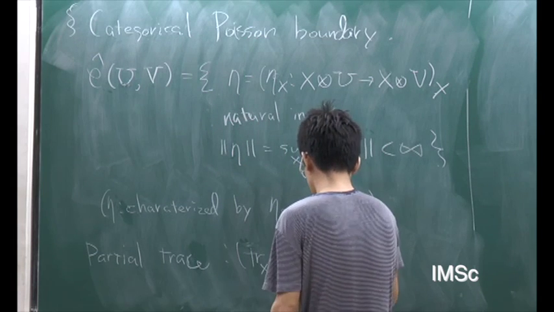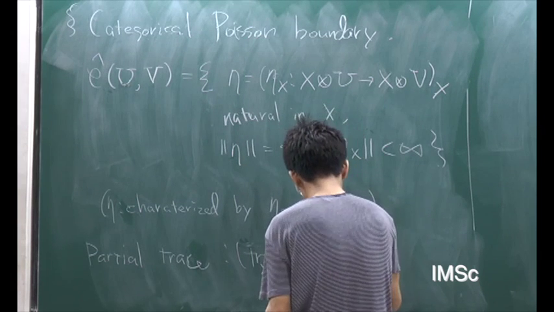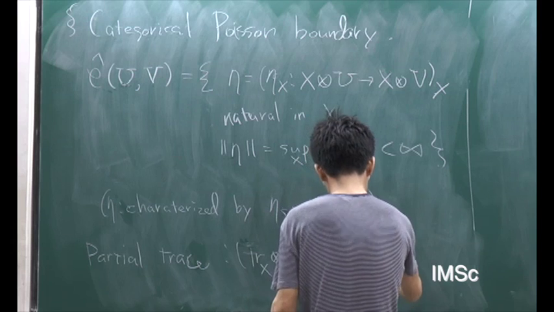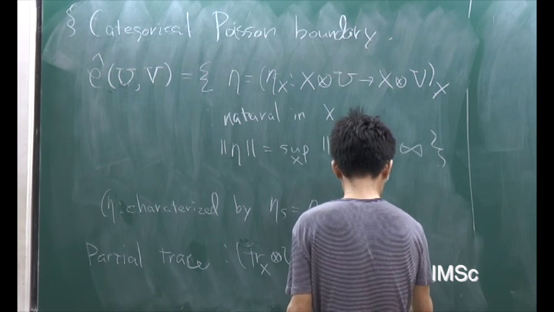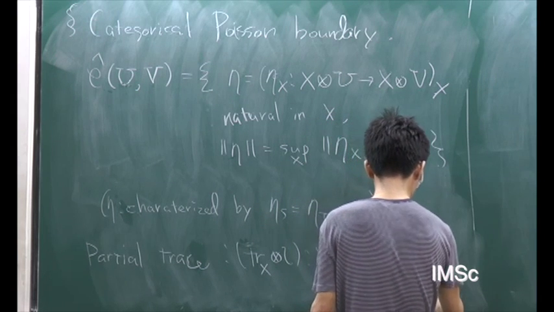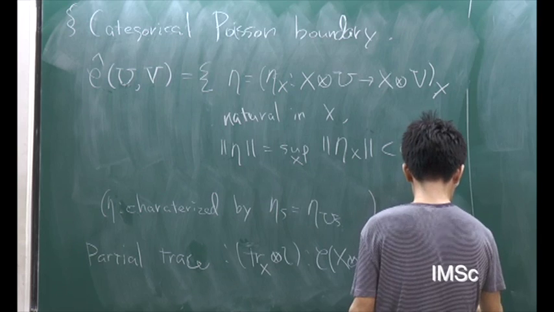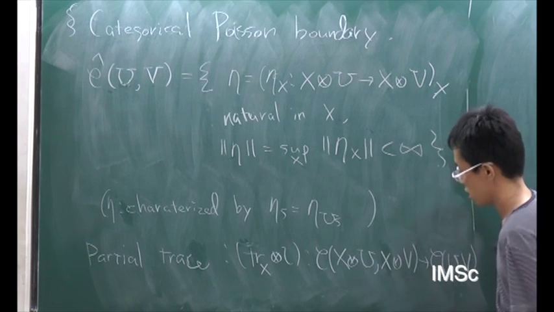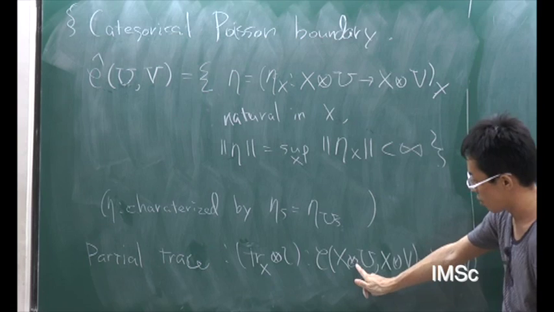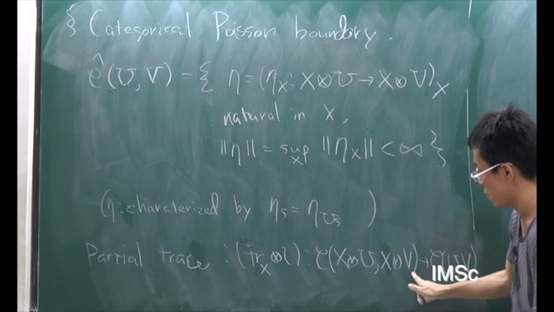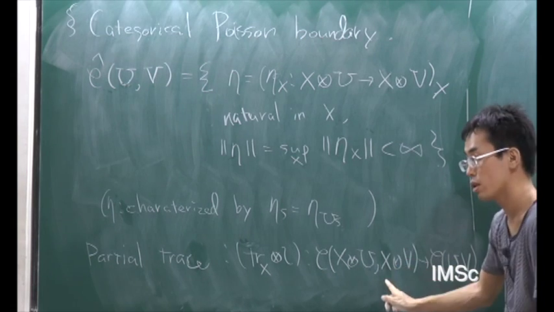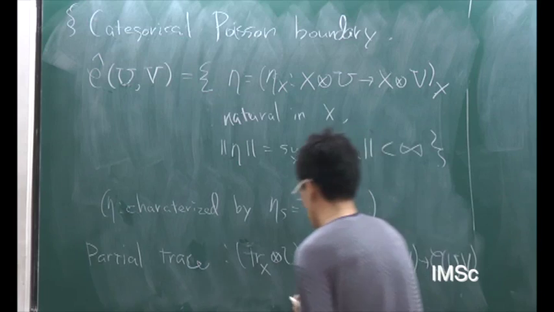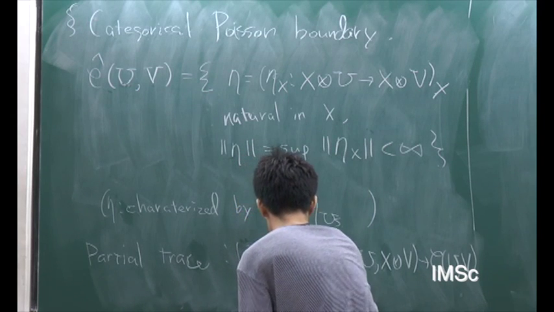The fundamental thing is something like concatenation of one leg. So if you had a morphism from x times u to x times v, then we want to concatenate the leg of x. So how do you do it?